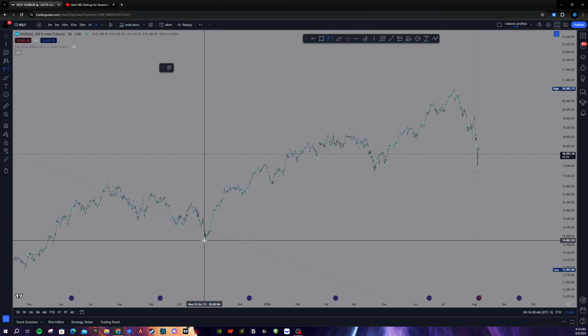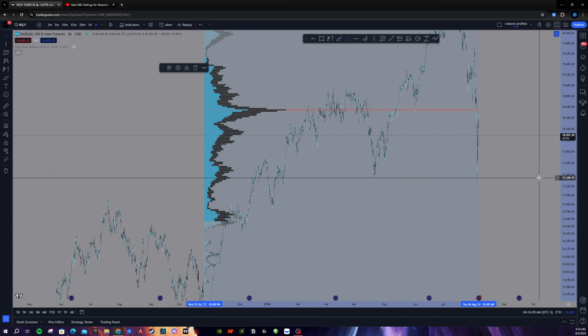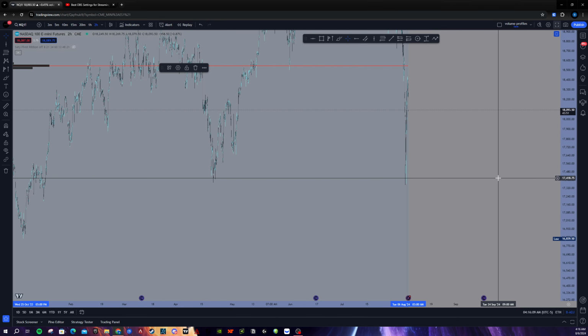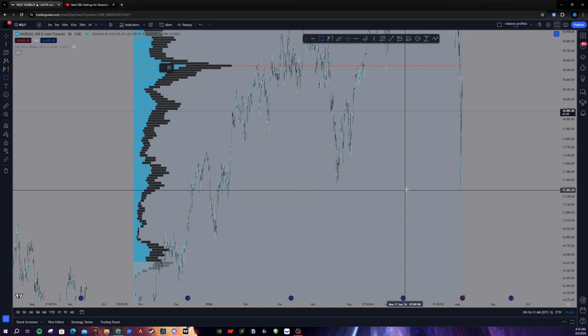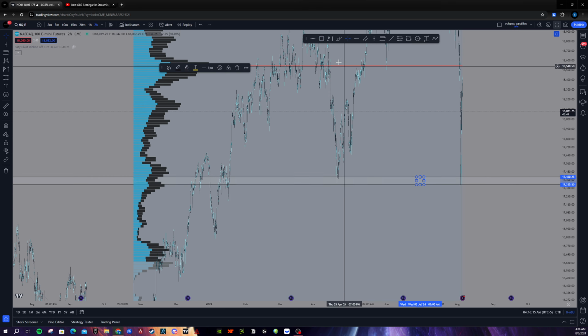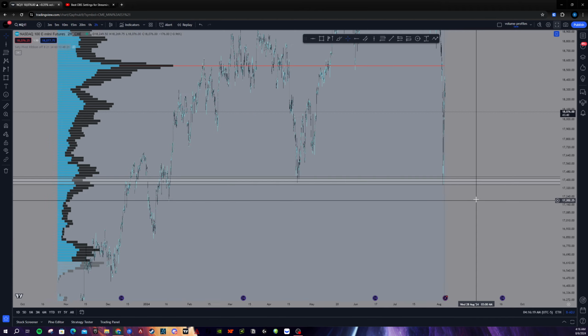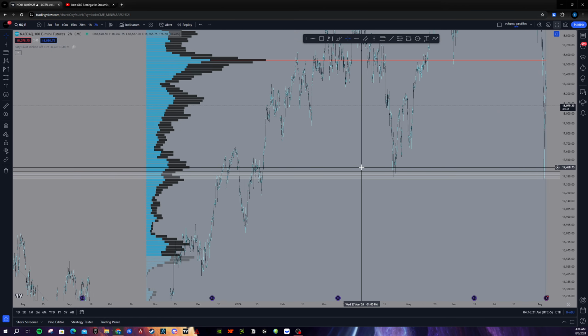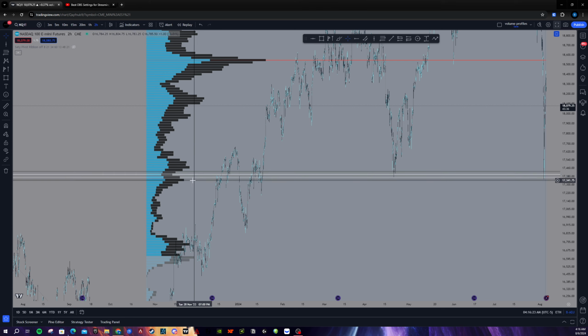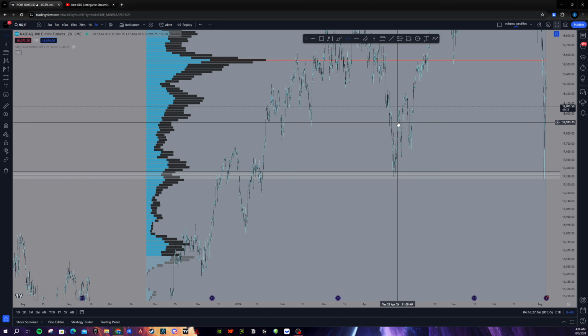Sometimes I'll draw volume profiles within a volume profile like this because it'll show many different things. So this one would show here to here. It's kind of showing me the bottom of ES at this low volume zone. I'm not going to get too into it.